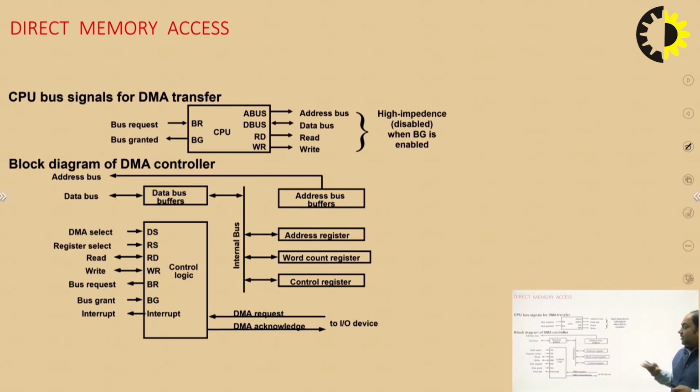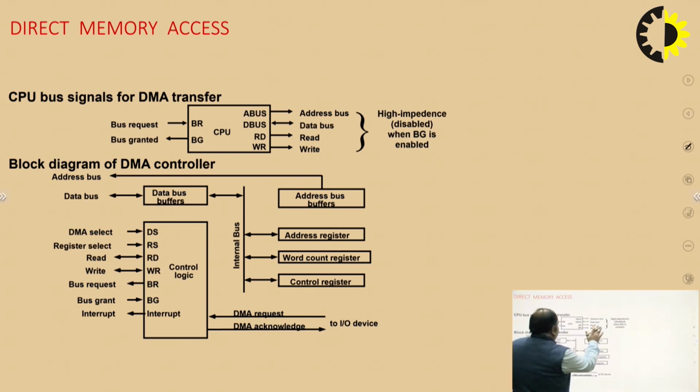Now, this is the block diagram of the signals: how the CPU signals for the DMA transfers, and how all these are initiated between the peripheral devices, the CPU and the memory. What the CPU does is only one thing, which is bus request and bus grant. What is connected to the CPU is the address bus, data bus, and two operations, which are read and write. The DMA has an address bus buffer connected through a data bus buffer, which is connected to the internal bus.